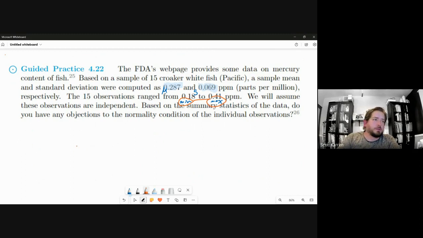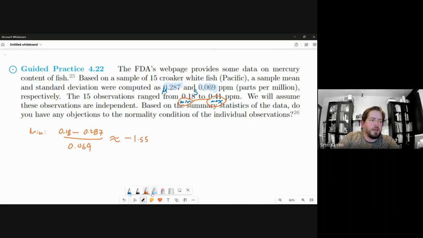All right. So I have a mean of 0.287. If I take my minimum value, 0.18 minus 0.287, and divide it by the sample standard deviation of 0.069, this is roughly negative 1.55.